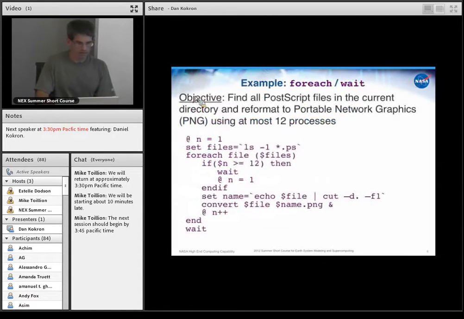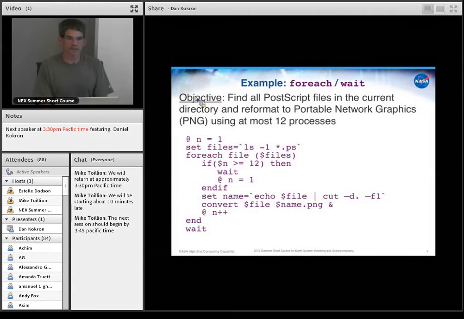Let's say we want to convert a bunch of PostScript files to PNG using at most 12 processes, so we don't want to overload a node. What we have is a counter. The N counter, we initialize it to 1. The set command looks for files ending in .ps.